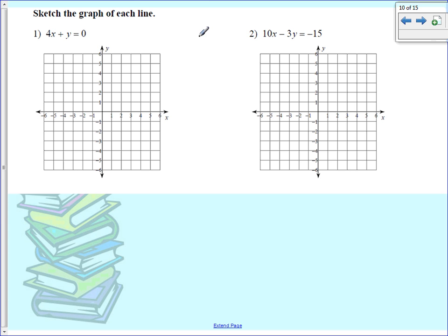Okay. I gave you guys a standard form of equations, and we're going to graph them. And I'm going to do two examples. It's actually really simple to graph an equation in standard form. It's actually, I think, a little bit easier than to graph an equation in slope-intercept form. So if I want to graph the equation of these lines in standard form, all I need to know is what my intercepts are.